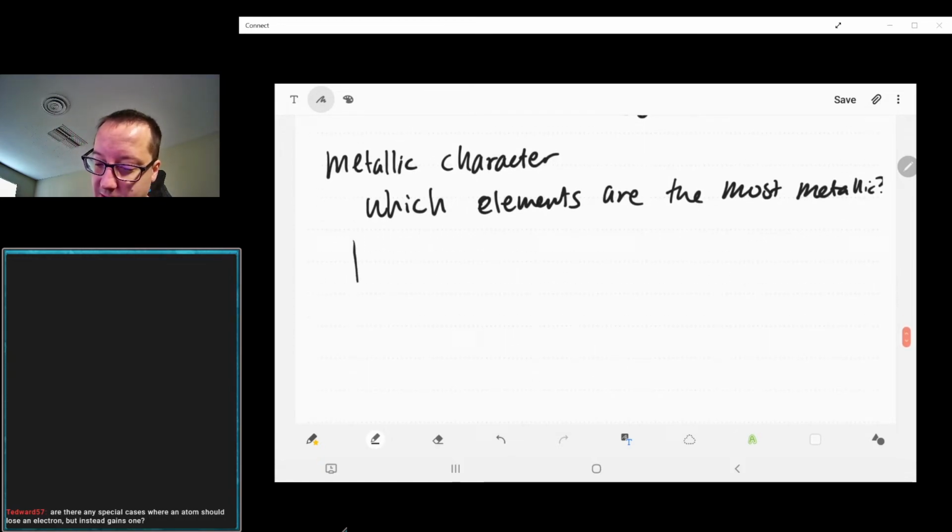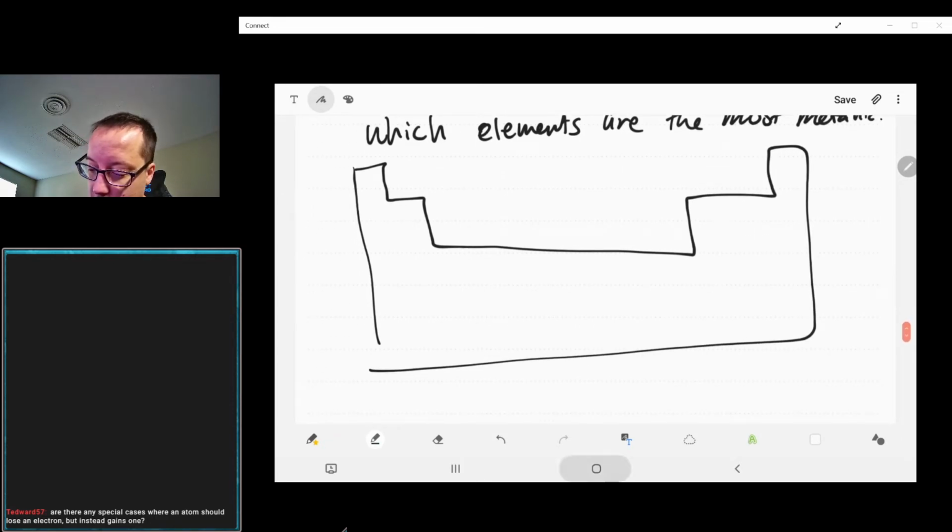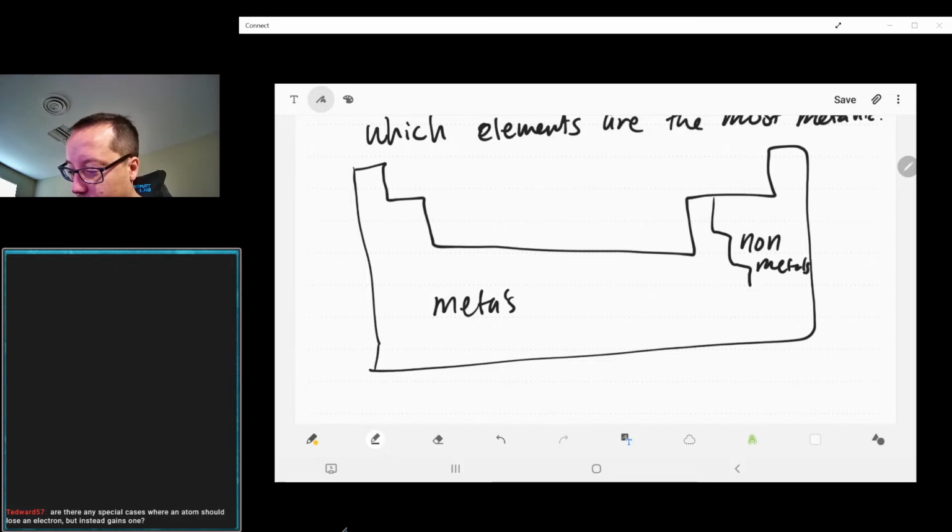This one is perhaps even easier. We already know we have metals here, non-metals here, and then kind of the zigzag in the middle, right? That zigzag should hopefully tell us the trend, right?